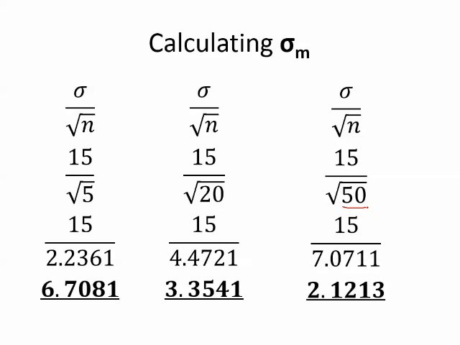Because we have a sample size of 50, our standard error is going to be smaller. But notice that the amount of decrease from our original standard deviation of 15, we're not getting as much of a decrease. And that has to do with our square root. As the sample size gets bigger, the effect that the sample has on reducing the error also decreases.